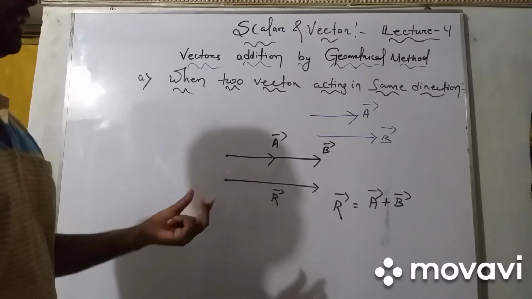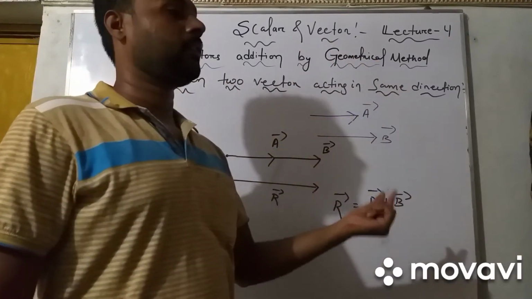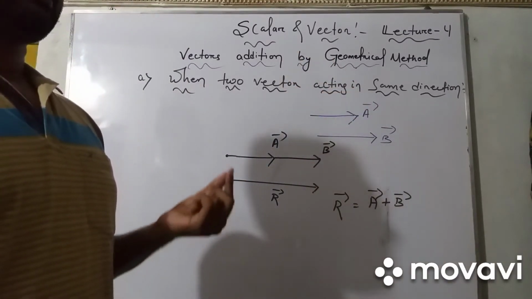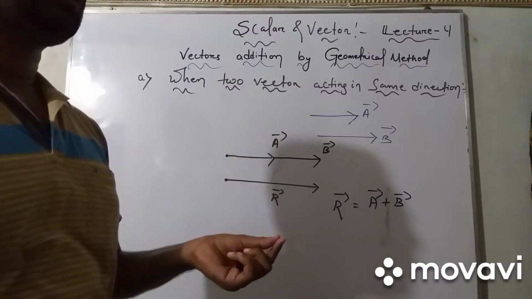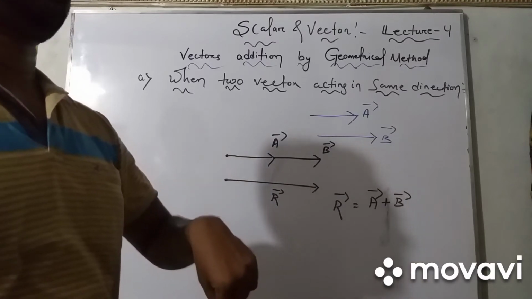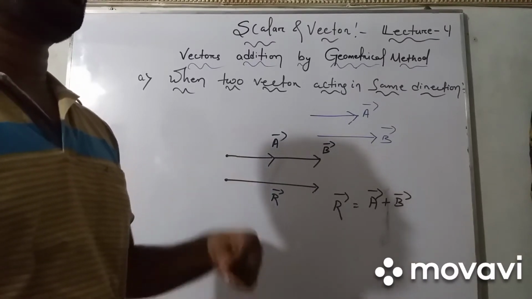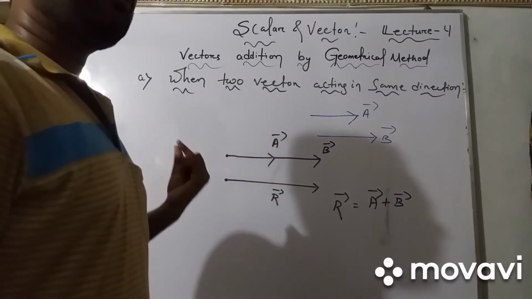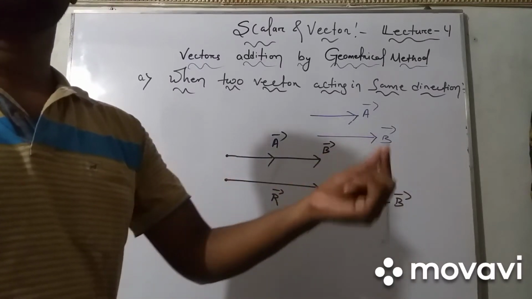When two vectors are acting along the same direction, like a vector and b vector both acting along the same direction, so that a vector whose head point is connected to or coincides with b vector whose tail point, therefore the resultant vector r vector can be represented as the tail point of the first to the head point of the last.